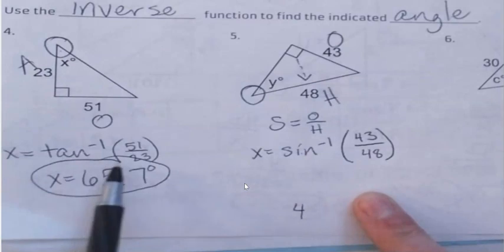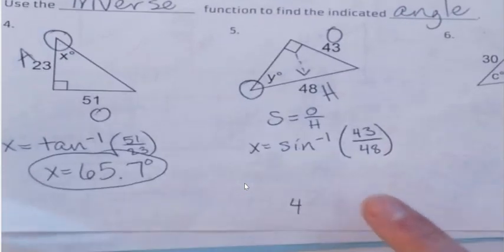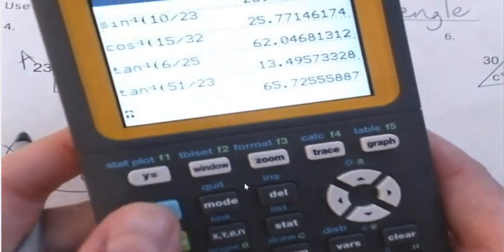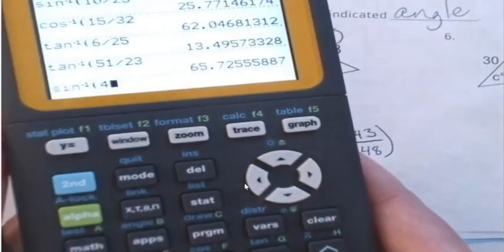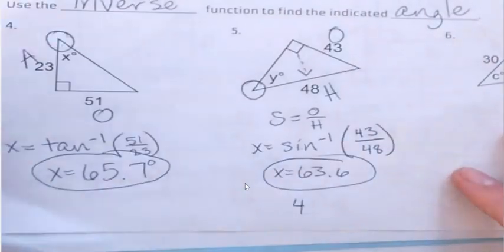For tangent, that's not always the case because it's just opposite and adjacent, and those can be any lengths. But sine inverse of 43 over 48 is 63.6 degrees.